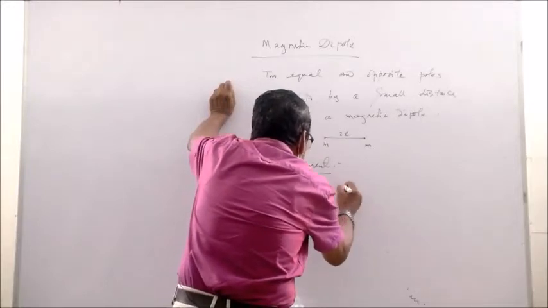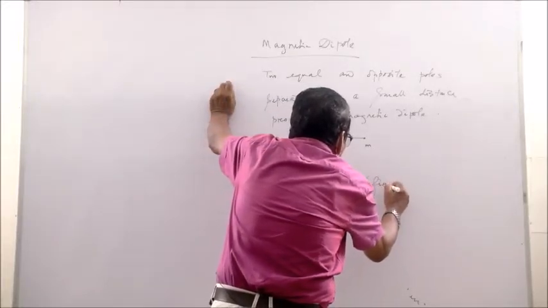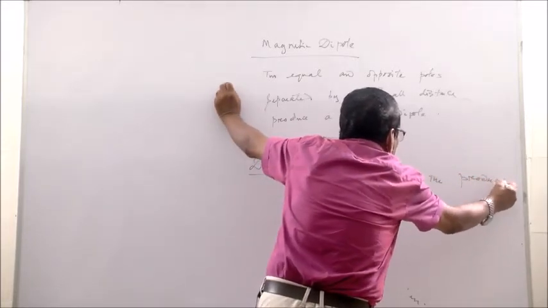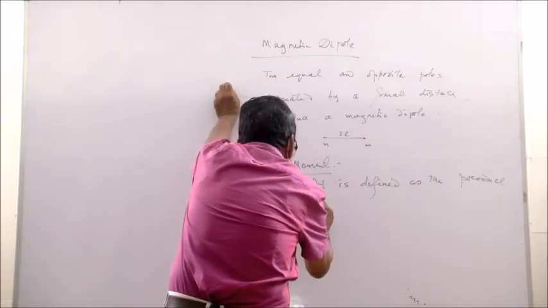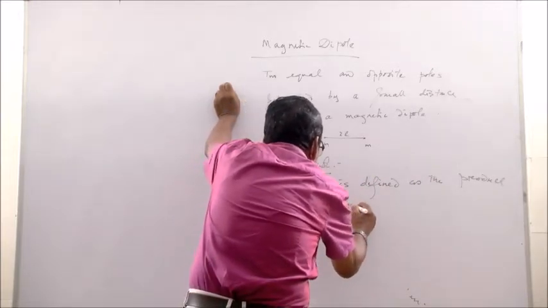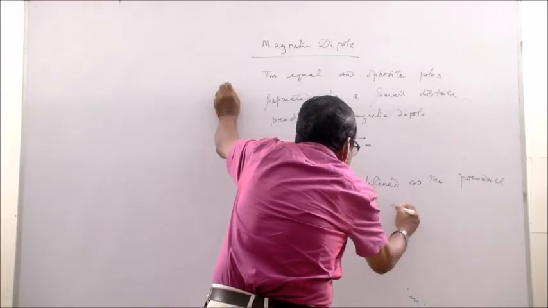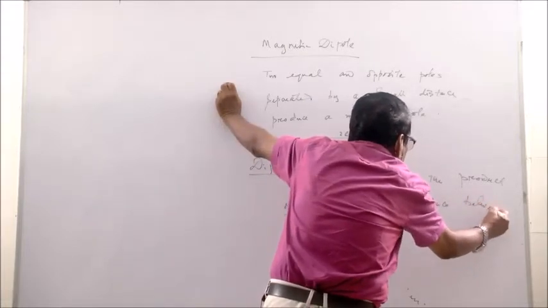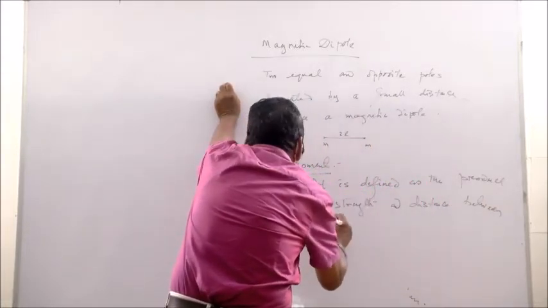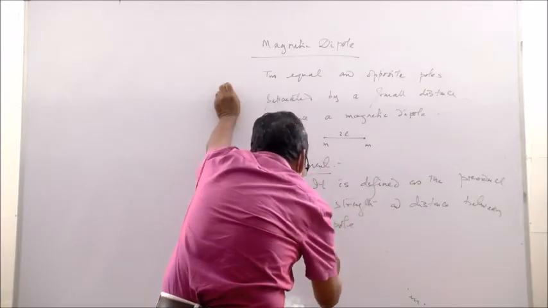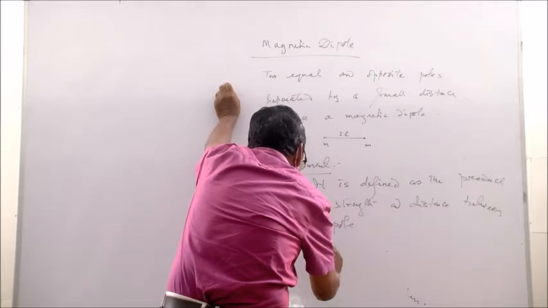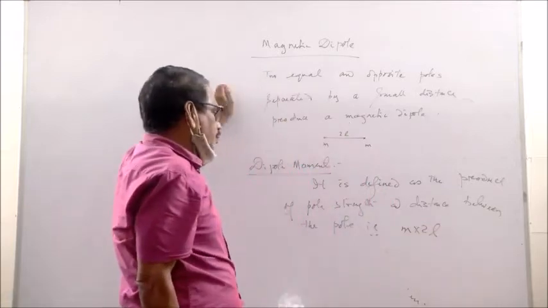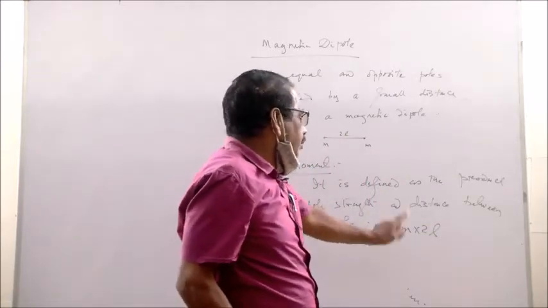So the dipole moment will be equal to M into 2L. Pole strength M, distance 2L, M into 2L.